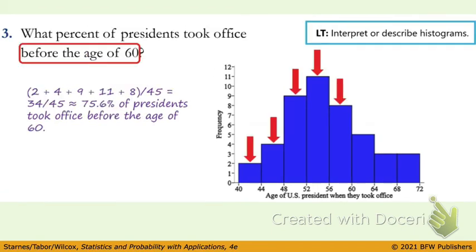For what percent of presidents took office before the age of 60, we add up all of the bars that are less than 60: 2, 4, 9, 11, and 8. That's 34 divided by the 45 total, which is 75.6% of presidents who took office before the age of 60.